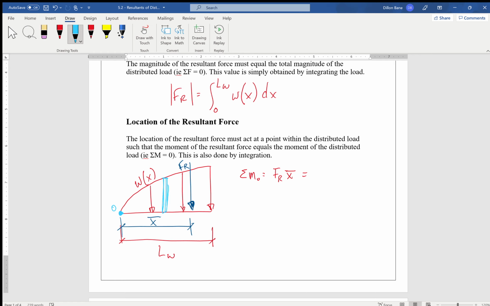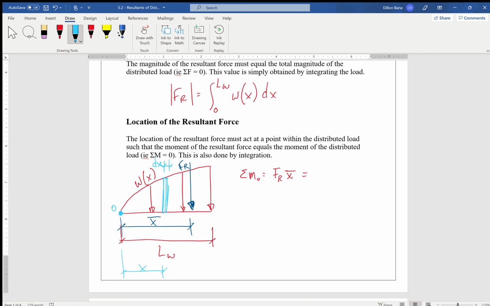This thin strip is going to have width dx, and that dx strip is going to be some x distance away from point O.